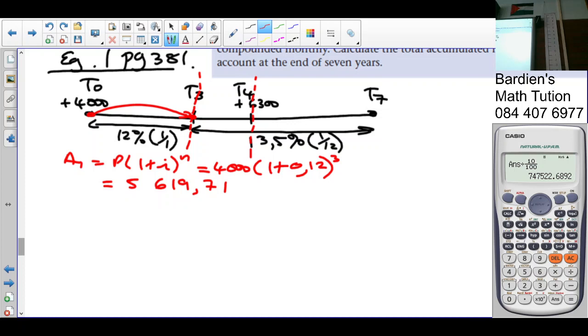So what happens at this point? Interest rate change. So the P value is going to be the same P value, so it's your next A formula. Work that part out quickly.